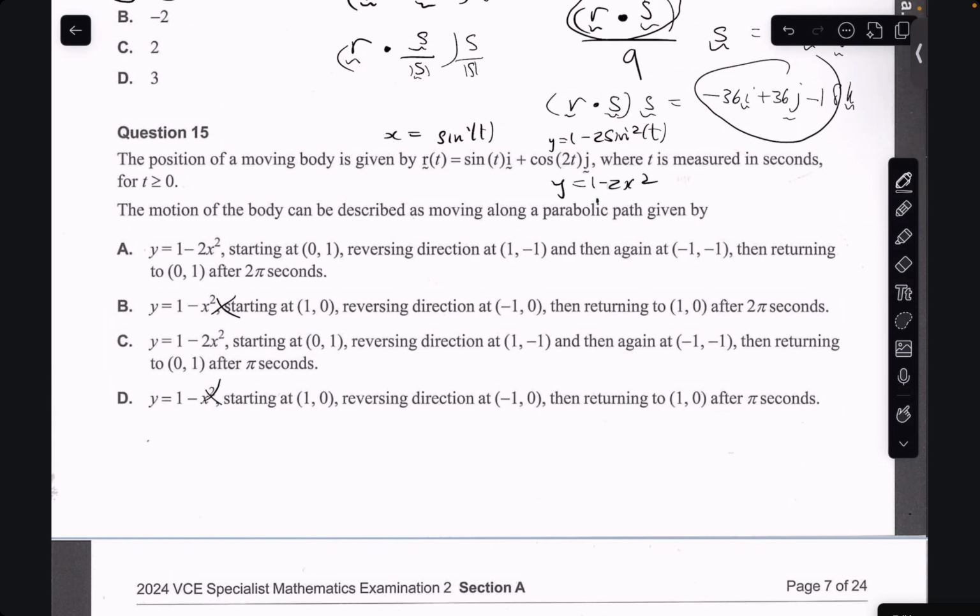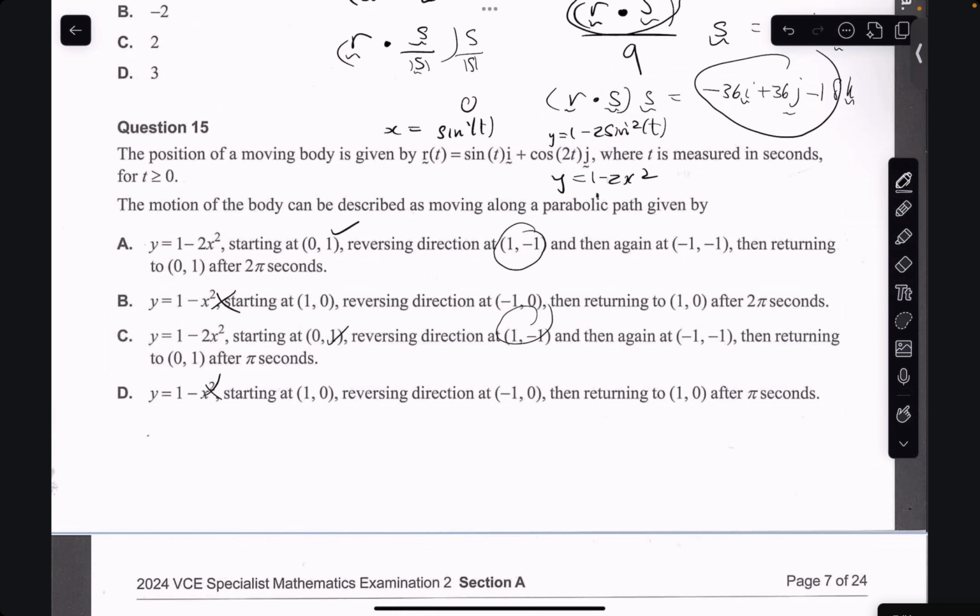The starting point is x is 0 and y is 1, so starting at 0, 1, so that's fine. Reversing direction, so we need to figure out where it reverses direction, or in other words, when the velocity is 0.